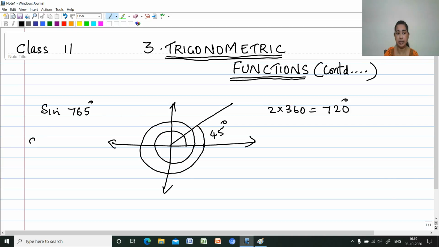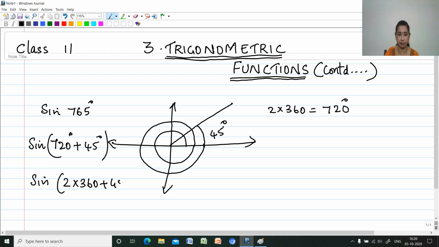So you can write this as 720 plus 45. And what is 720 degree? That is 2 times 360 plus 45. So we have to consider only this side 45 degree, because the complete revolutions are completed. That is 720 means 2 times complete revolution.